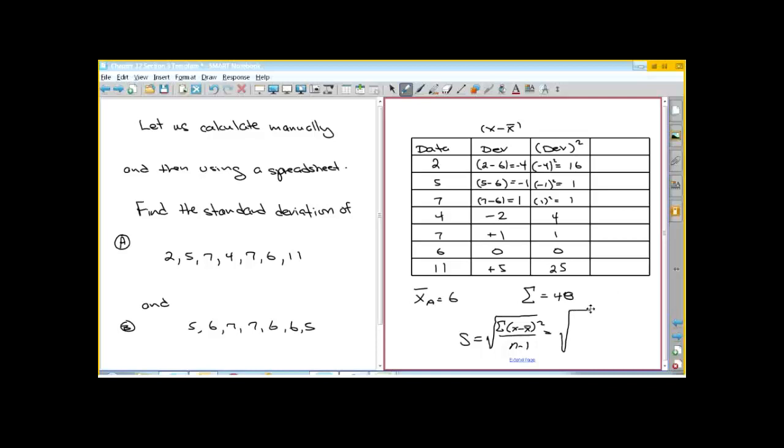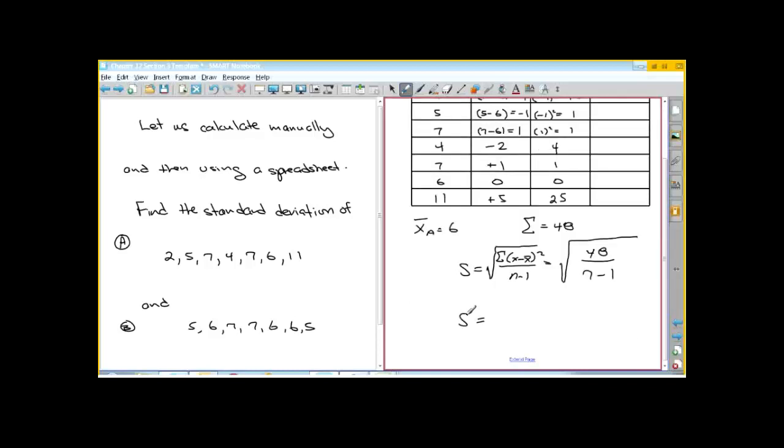So I've already calculated the numerator from this table. So the numerator is 48. And I divide by n, which is the number of data points. So I have 7 data points, and I subtract 1. And then I plug that in. So it's going to be basically the square root of 48 divided by 6, which is 8. Take the square root of that, and I get 2.83. So that's the standard deviation.